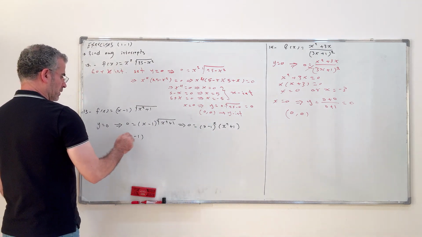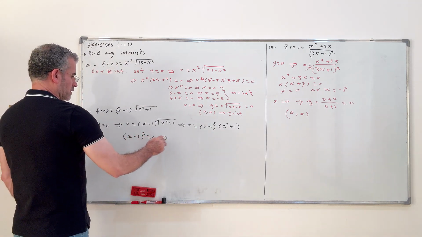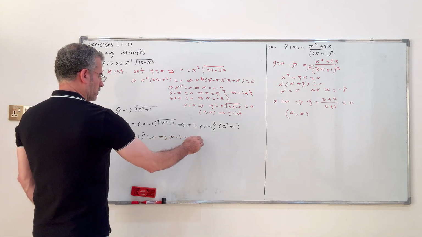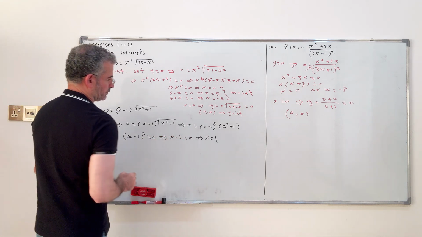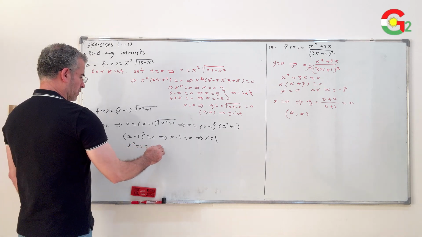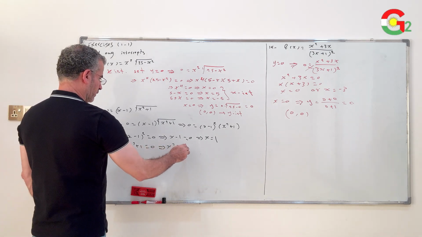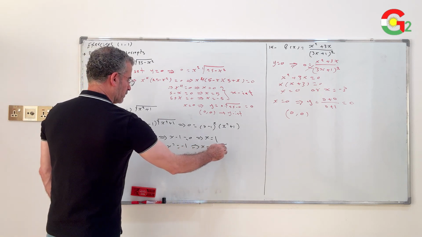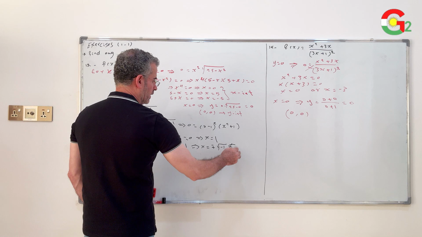Either x minus 1 power 2 equals 0, square root both sides, x minus 1 equals 0, then x equals 1. Or x power 2 plus 1 equals 0, then x power 2 equals negative 1, then x equals plus or minus square root of negative 1, not a real number.